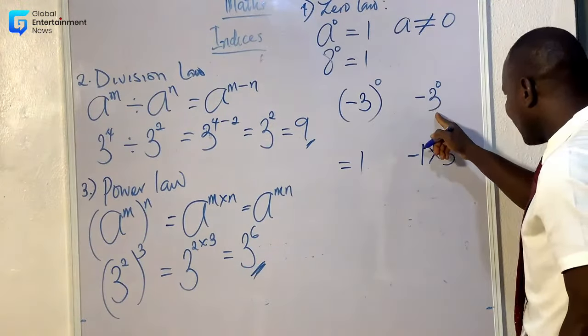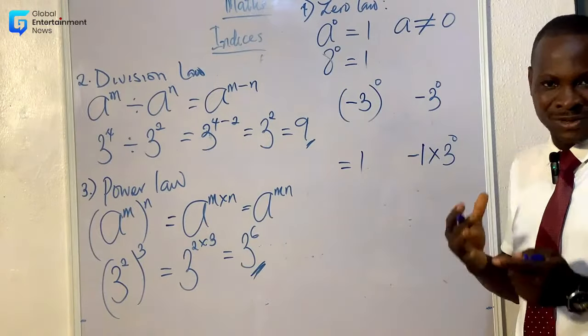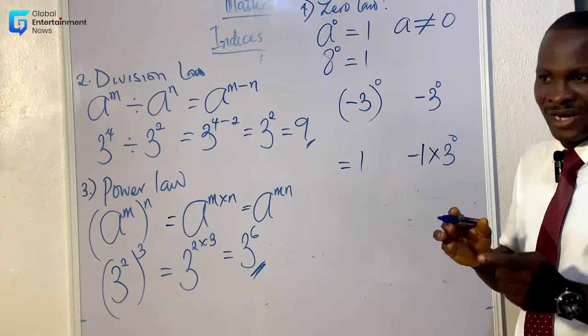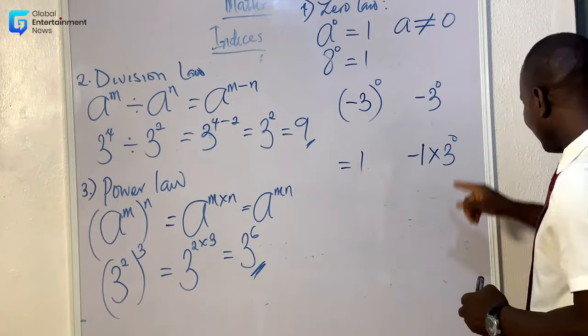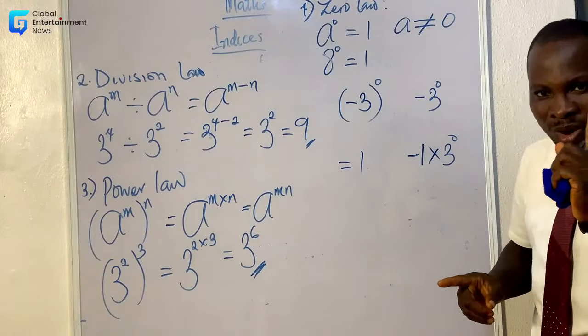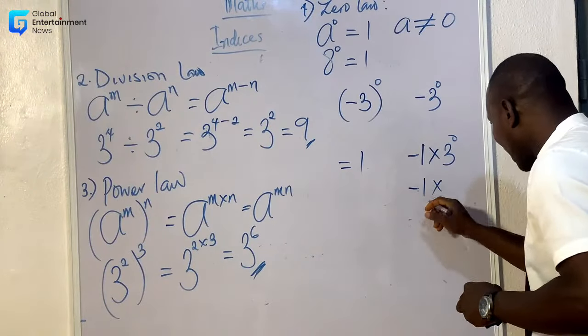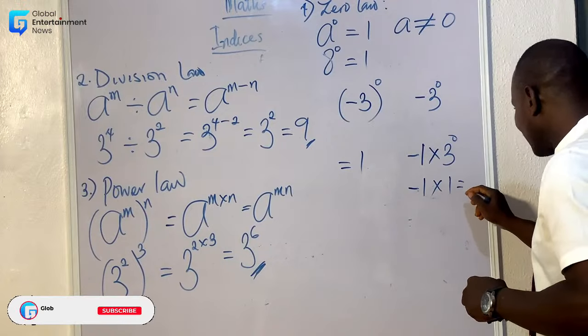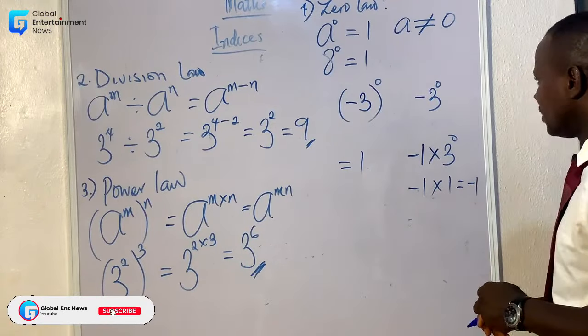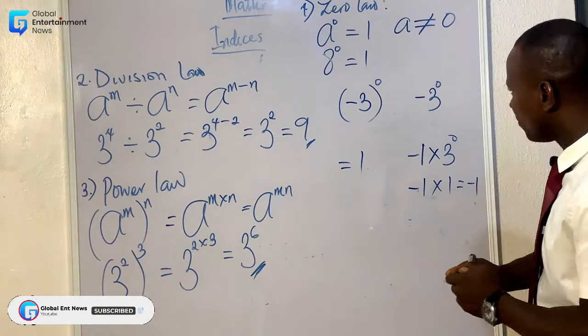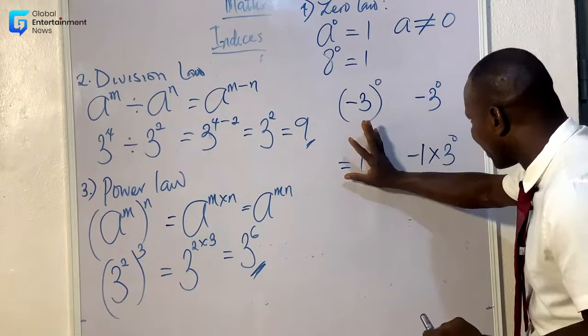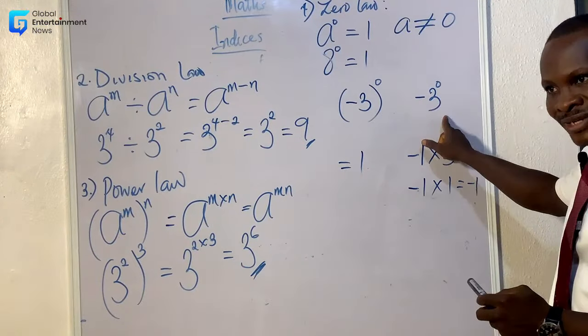If you look at this very well, you will see that 3 raised to power 0 will give me 1, which is minus 1 times 1. And my answer is what? Minus 1. So there is a difference between minus 3 in brackets raised to power 0 and minus 3 raised to power 0 without the bracket.